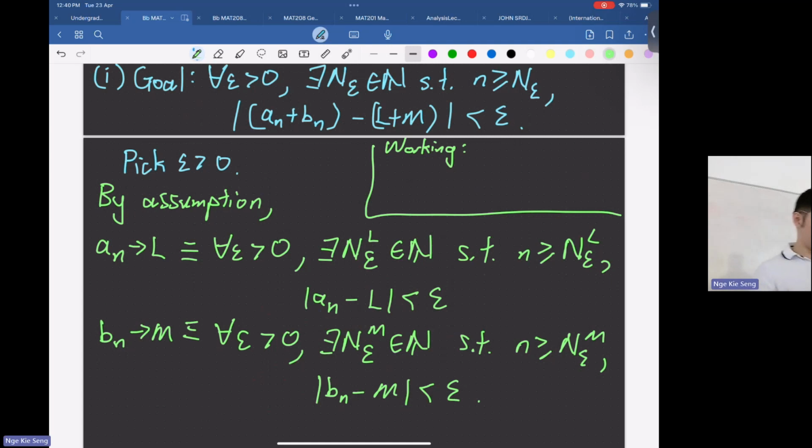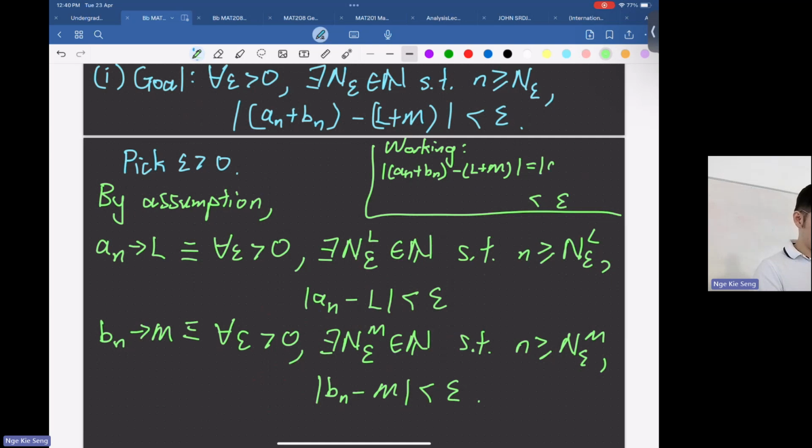So how to get to this stage of an plus bn minus l plus m, which is less than epsilon. Just now, what can we do? We can first rearrange the term inside, right?